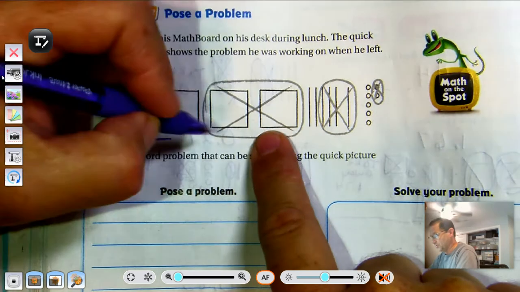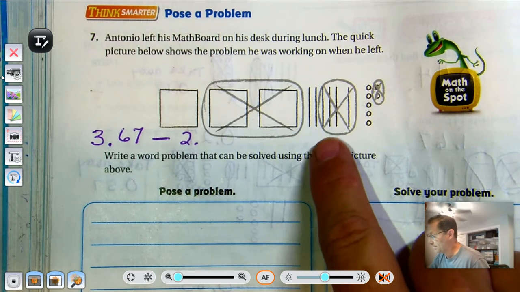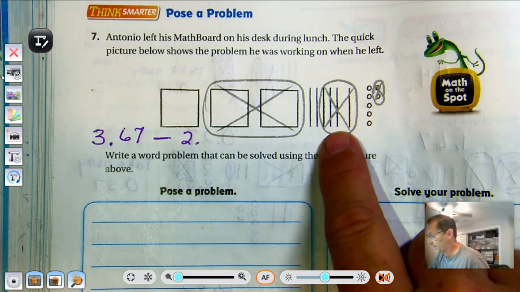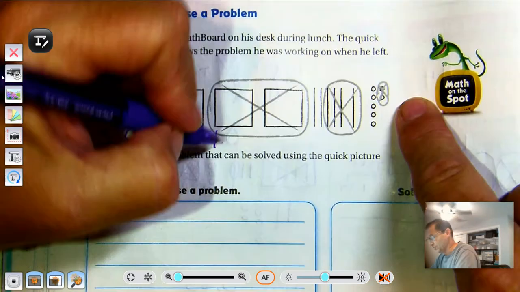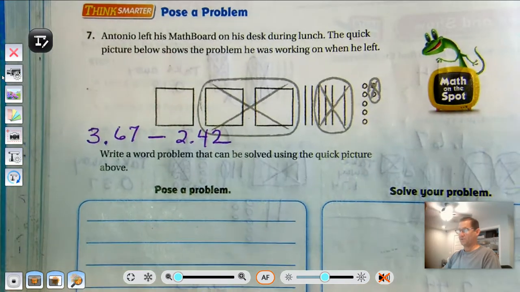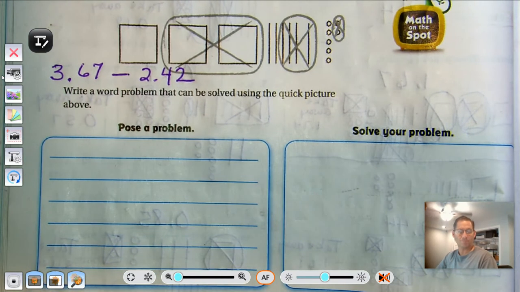Okay. Then what was he taking away? Well, he took away 2 ones. He took away 1, 2, 3, 4/10, and he took away 2/100ths. So that's what the original problem was. So now just write a word problem.